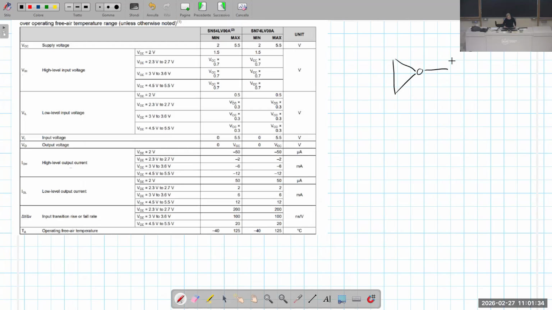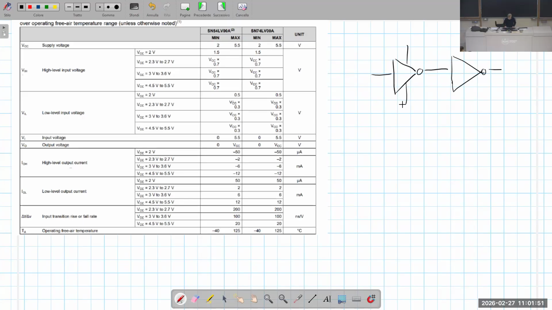Suppose that maybe the gates described in this data sheet are not inverters, but let's suppose that they are inverters.